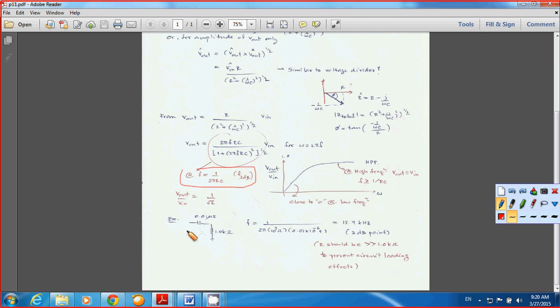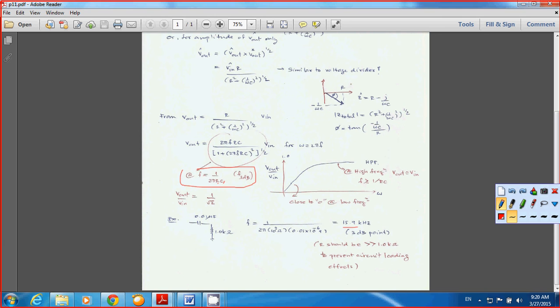Let's take a look at the circuit here. You have the capacitor 0.01 microfarad in series with 1.0 k ohms. The cutoff frequency becomes 15.9 kHz. And when you want the cutoff frequency to be 15.9 kHz, you know that you have only one equation, okay, but you have two unknowns when you want to design the circuit.